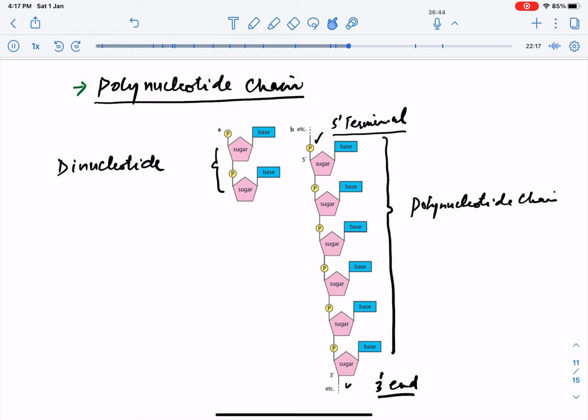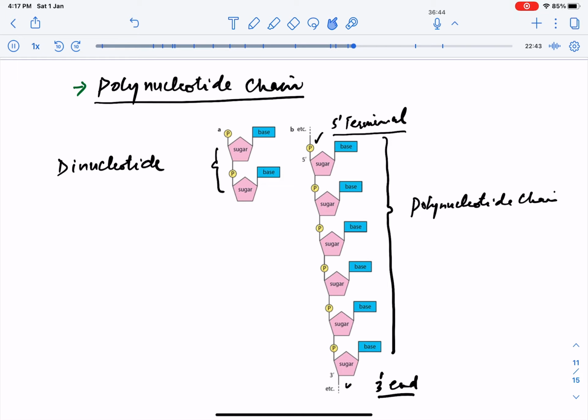By now you have understood the structure of a nucleotide, how the two nucleotides join together by phosphodiester linkages and make a dinucleotide or a polynucleotide chain. And a polynucleotide chain has two terminals or two ends.